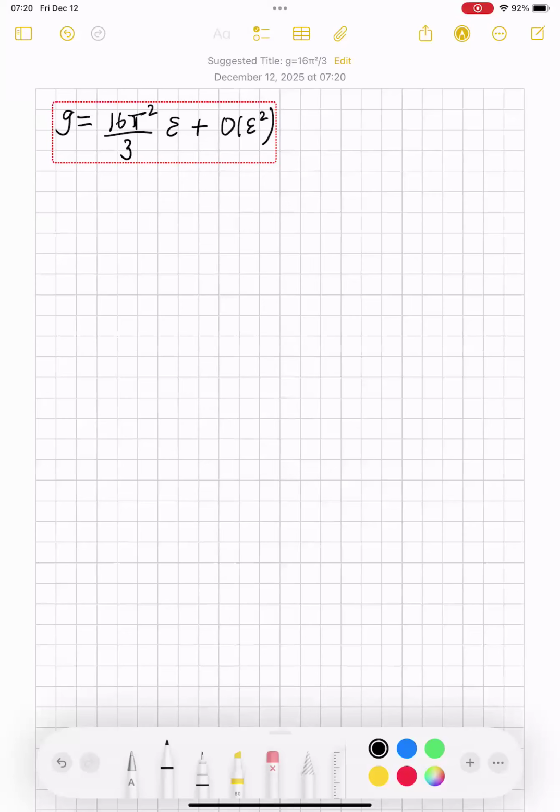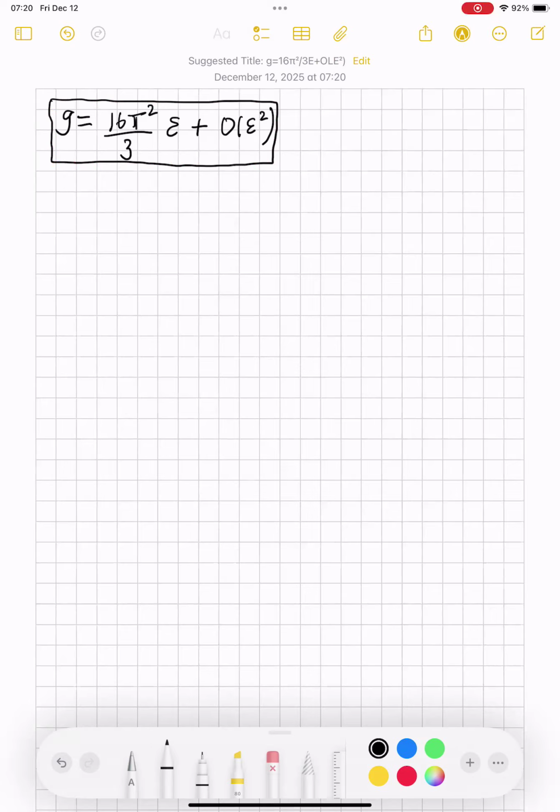And the question was, we didn't do an expansion in epsilon, so where do the order epsilon squared corrections come from, and how would you calculate them? Okay, so let's just discuss this now. Let me give you some ideas on how to think about this.